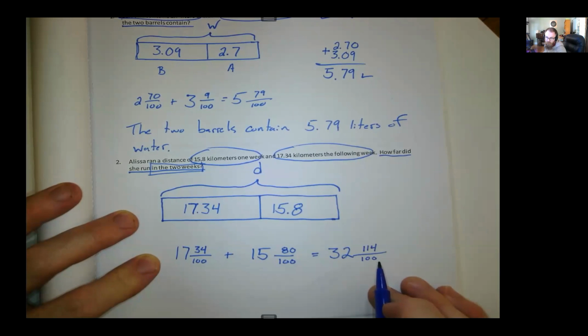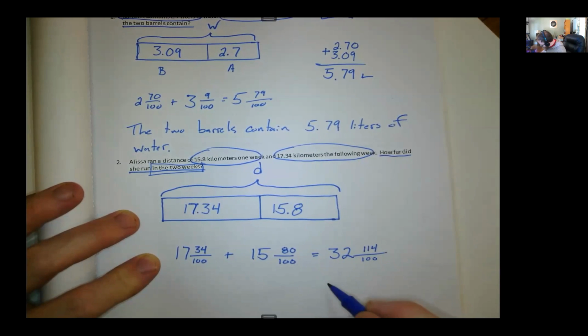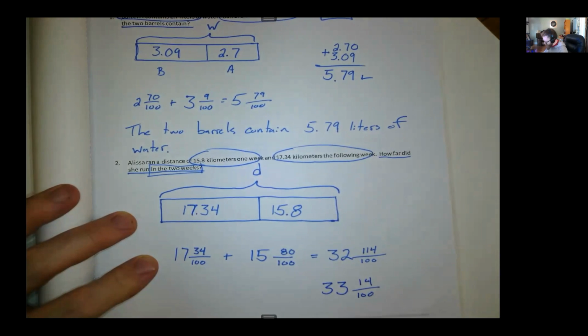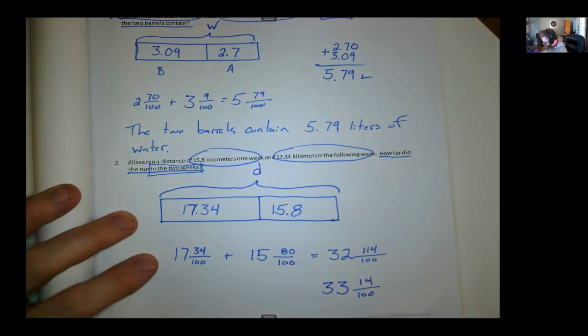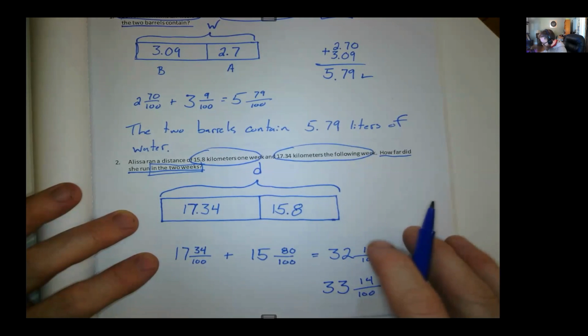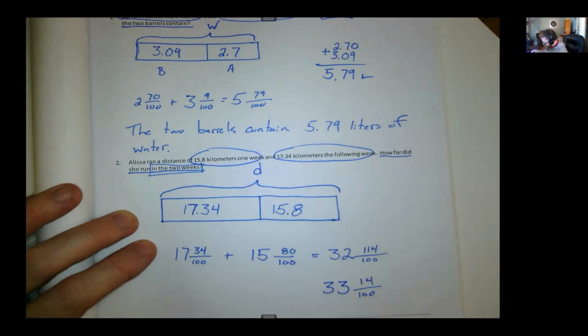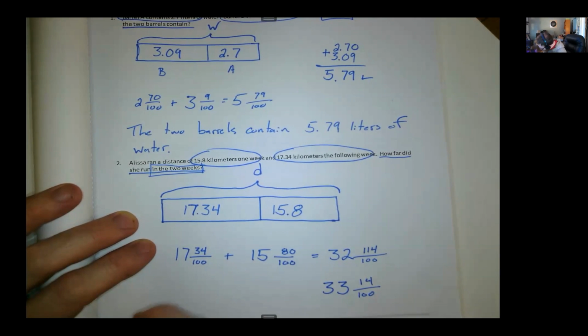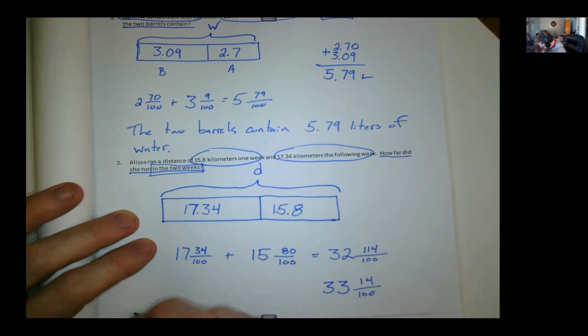It has one whole in it, 100 hundredths we can take out to make one whole, so it becomes 33 and 14 hundredths. Written as a sentence that would say, she ran 33 and 14 hundredths kilometers in 2 weeks.